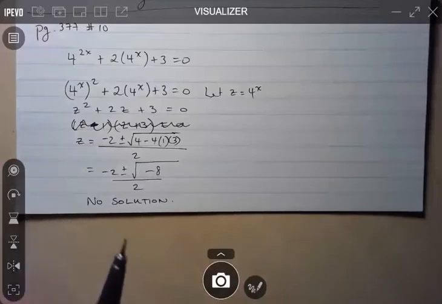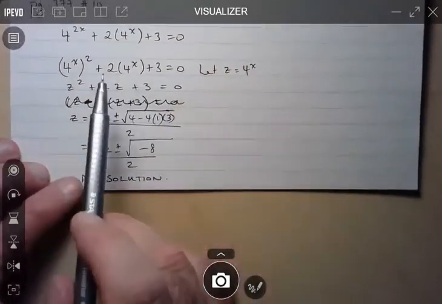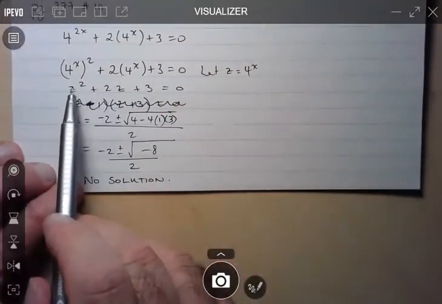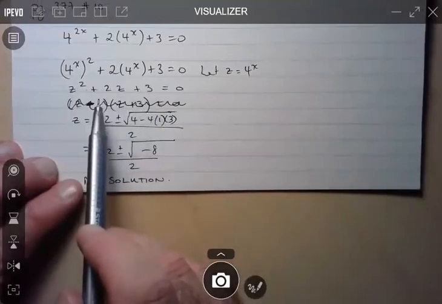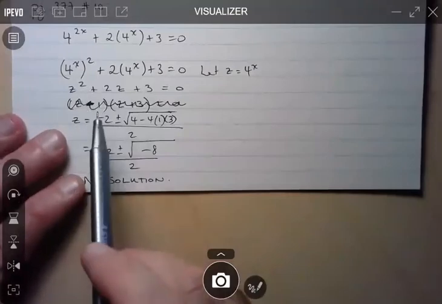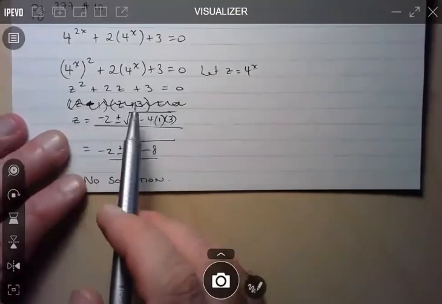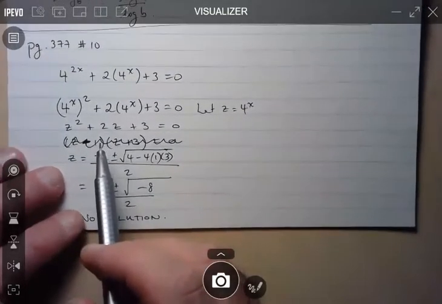Okay, so keep in mind, in this case and the one we saw earlier, the quadratic itself had no solution. But then we saw another one where the quadratic might have solutions, but sometimes one of them ends up not being valid.